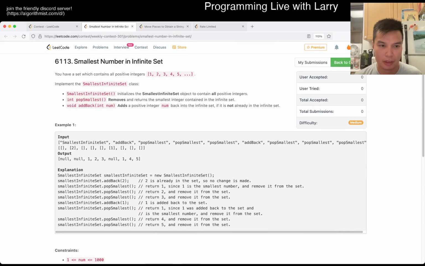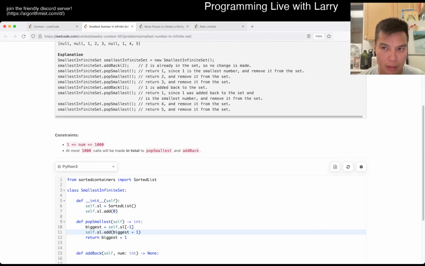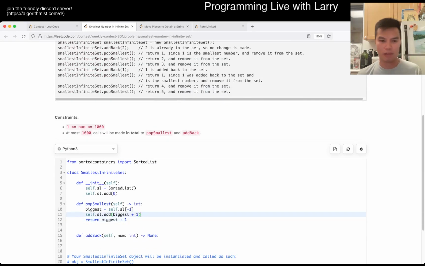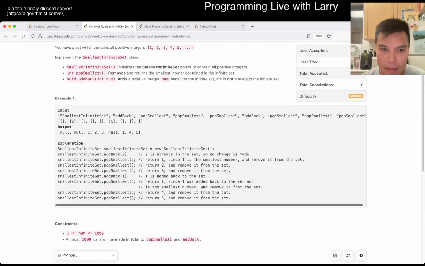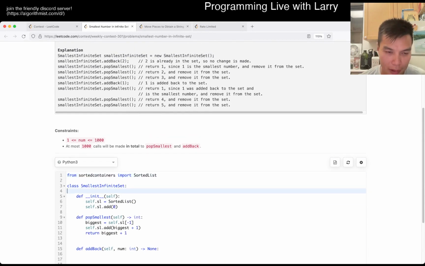Smallest number in this set. So then now 0 is used, 1 is used, right? So this is all used. This isn't quite right. I think what I need to do is that there's only 1,000. I'm doing it in a silly way.